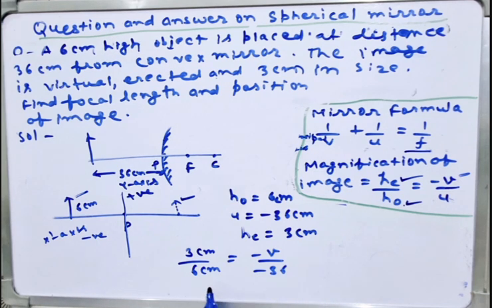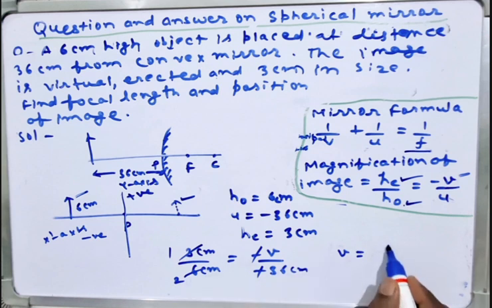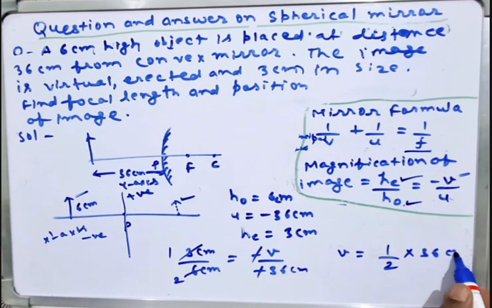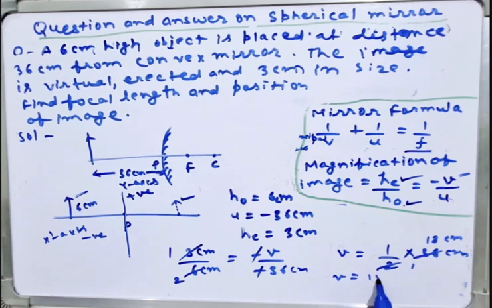So it will be 1 by 2, and the negative sign cancels out. So 1 by 2 into 36 centimeter, which is 1 by 18, so v is 18 centimeter.